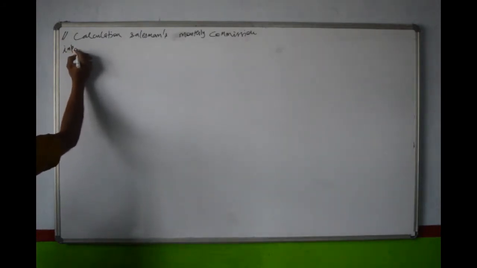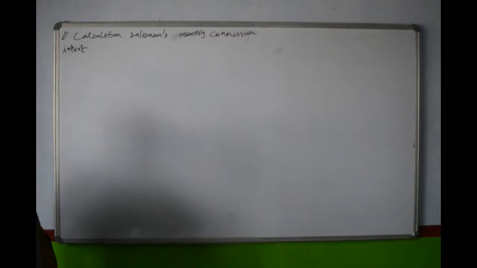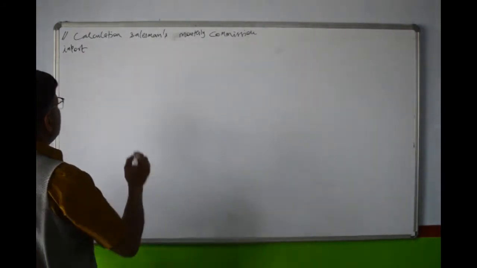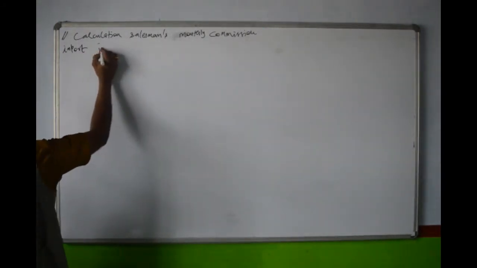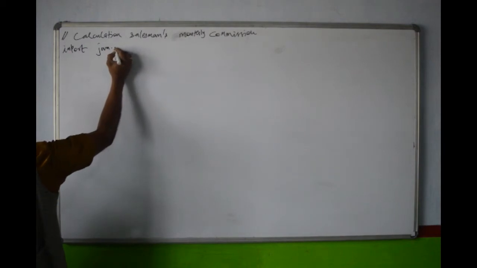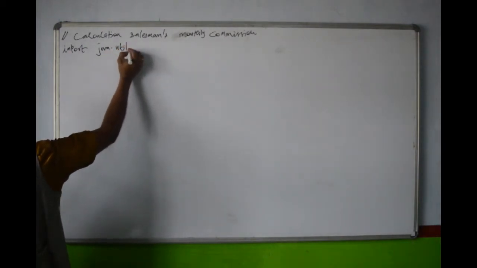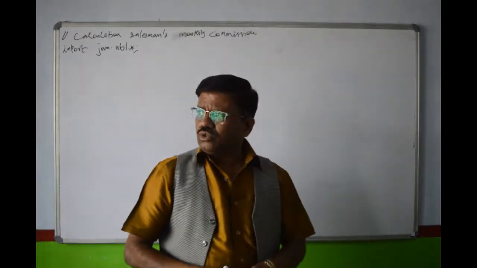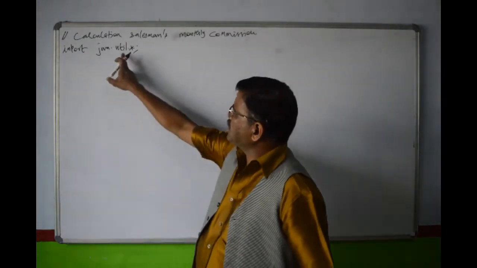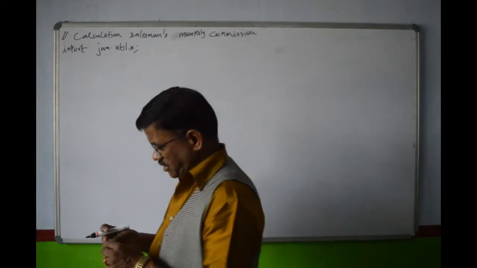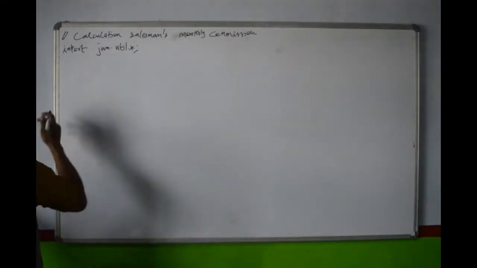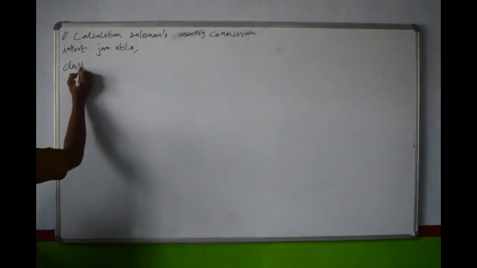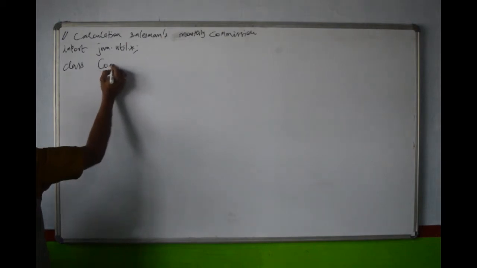Now, we have to import because we have to input the name of the person. Import java.util.*, because whenever you use the standard class, it is under java.util. What should the class name be called? Commission.